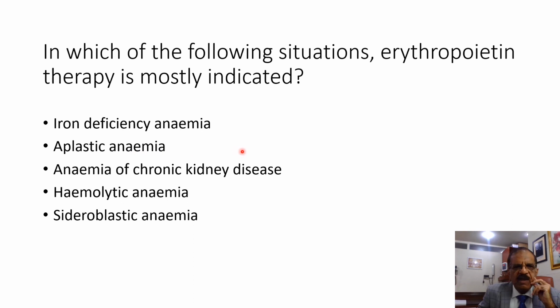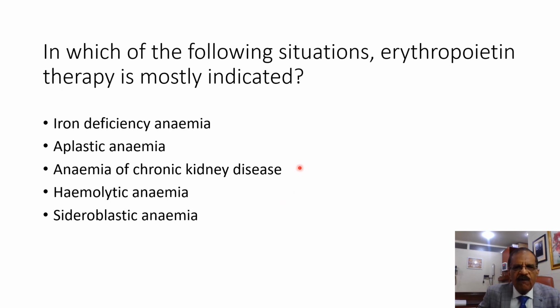Iron deficiency anemia, aplastic anemia, anemia of chronic kidney disease, hemolytic anemia, and sideroblastic anemia. In which of these conditions do you think erythropoietin will really help? In fact, during this quiz, we discussed this point.